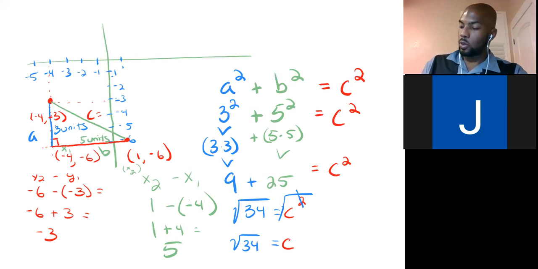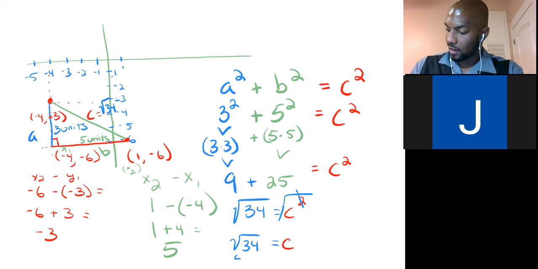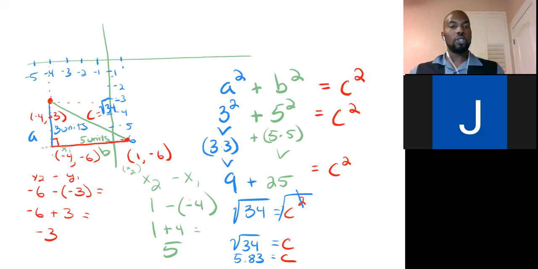All right, so you can leave the answer rad 34 equals C, which is a perfectly legitimate answer. It's a more precise answer. Or you could reduce it to 5.83, I think it was, or something like that. Either way, you have found your distance between 2 points using the Pythagorean theorem.